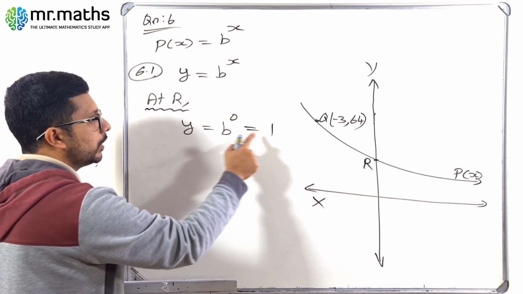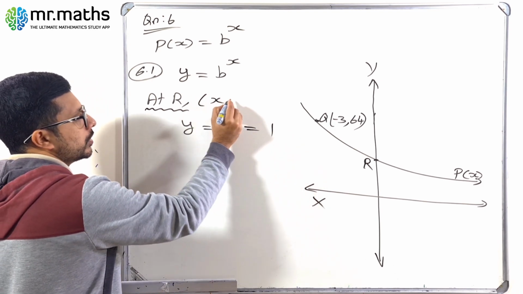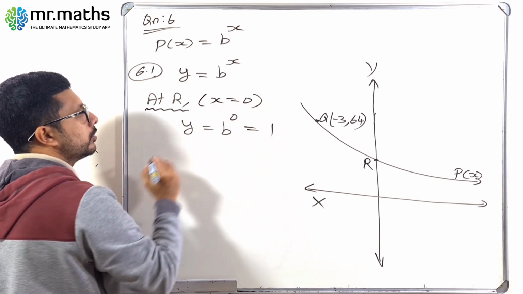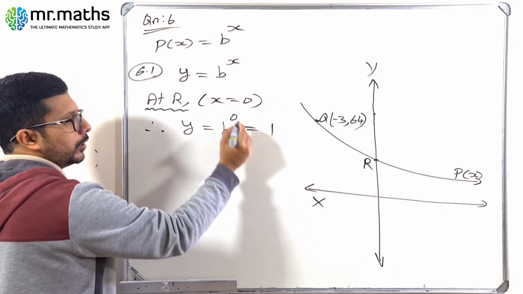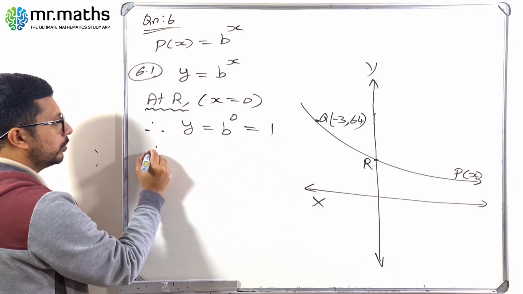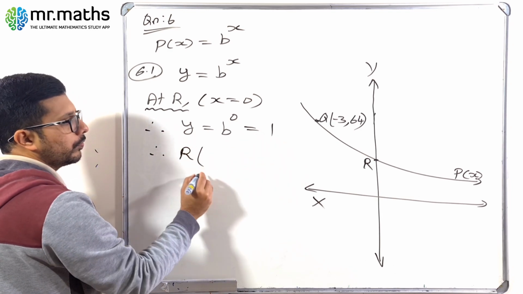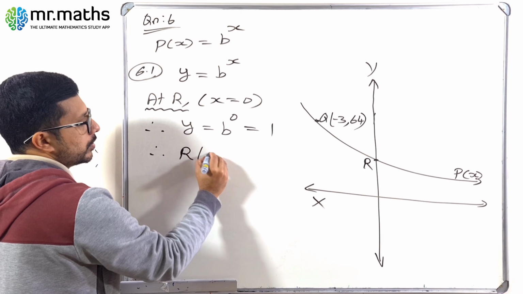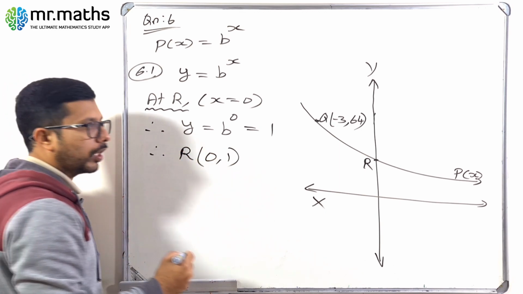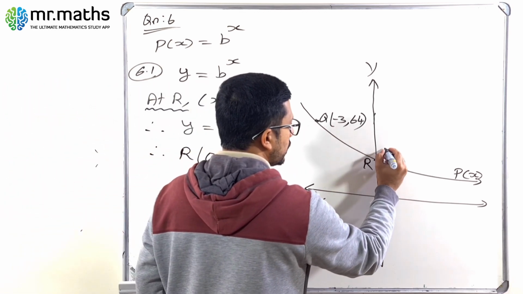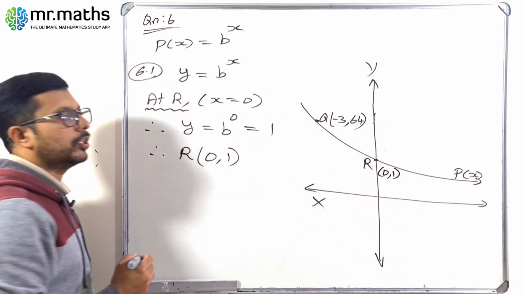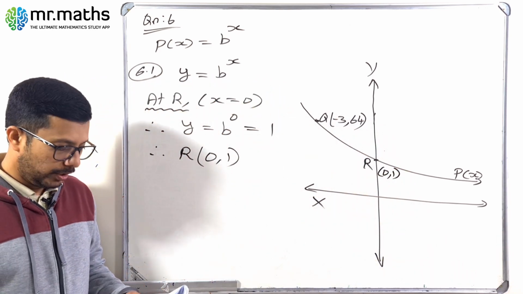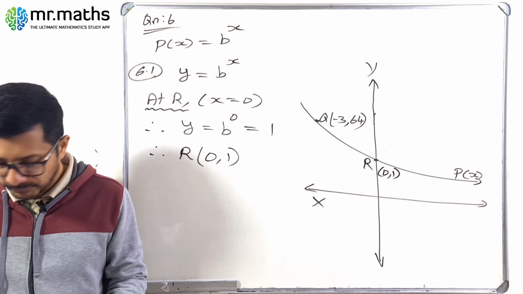So what is the value of y? At R, x is equal to 0, so y is equal to b^0, which is 1. Therefore the coordinates of R are x value 0 and y value 1. So here the coordinates are (0, 1). That is question number 6.1.